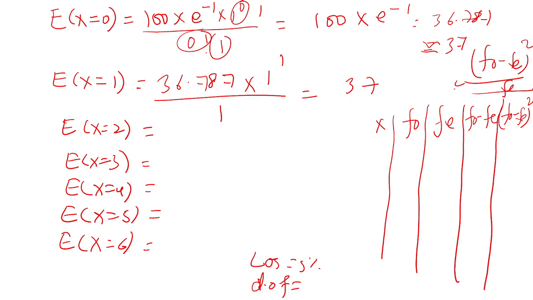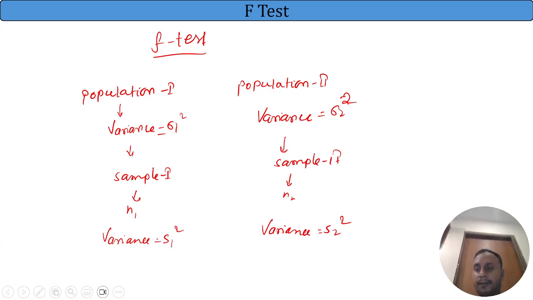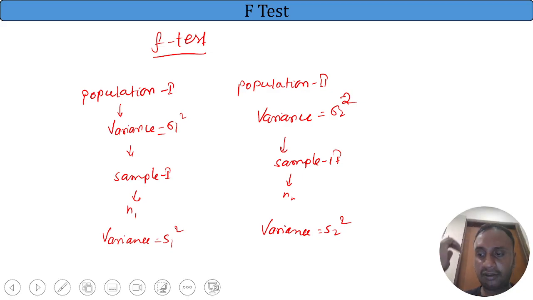So with this, I will go for the F test. F test is going to measure the variance. Till now we have seen the mean of the population, or we checked the chi-square test for the goodness of fit.